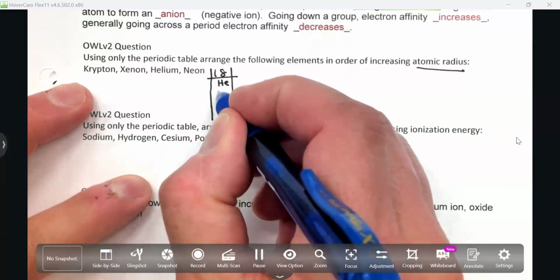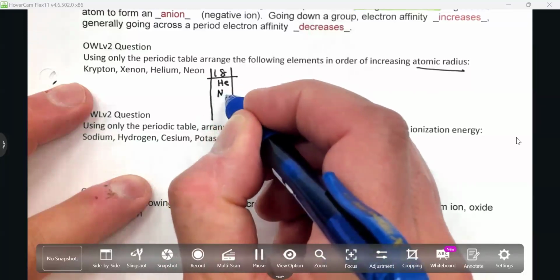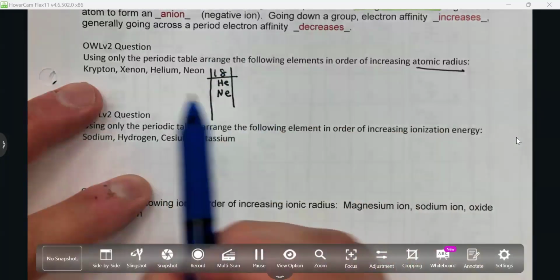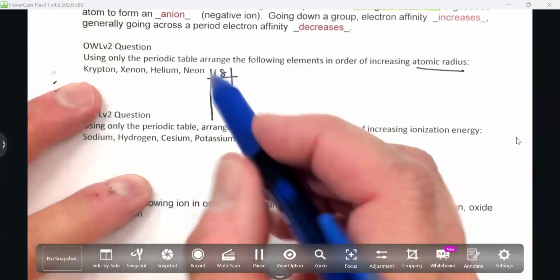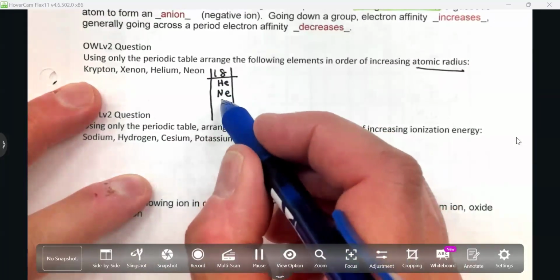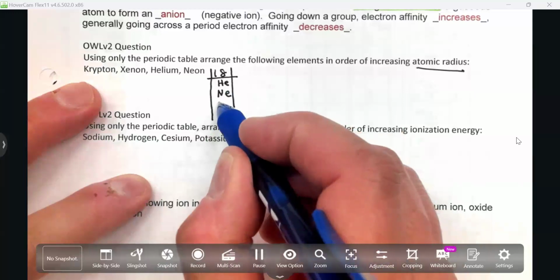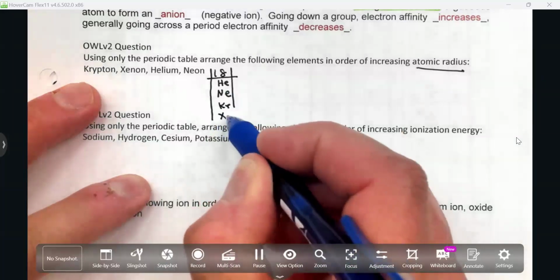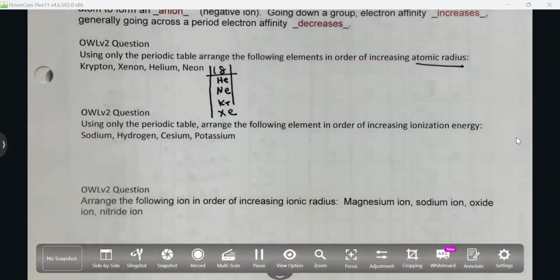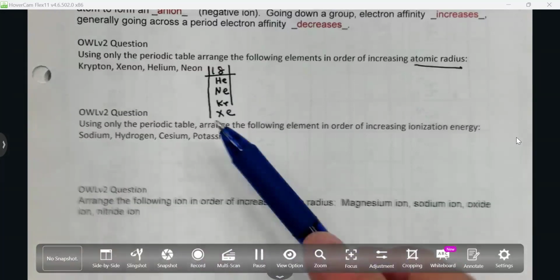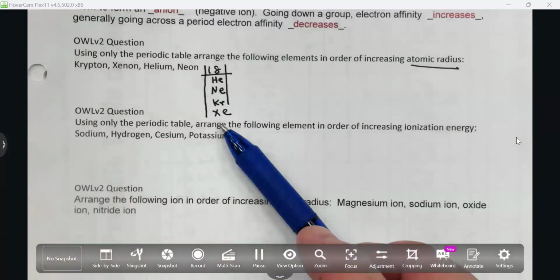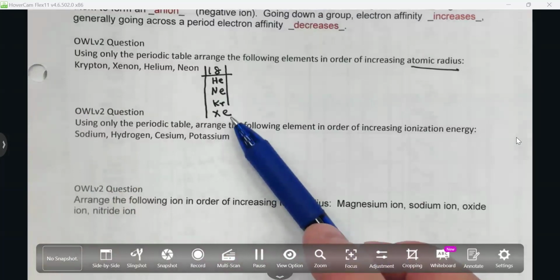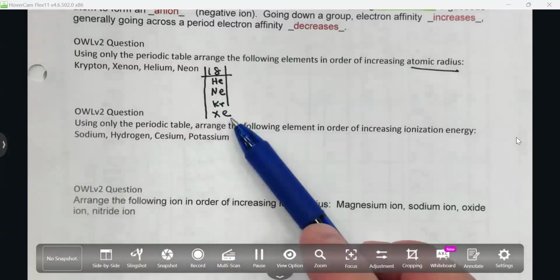Helium, neon, krypton, xenon. Which one has the greatest radius? Xenon at the bottom, correct?